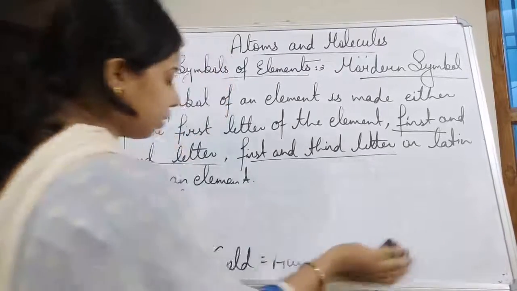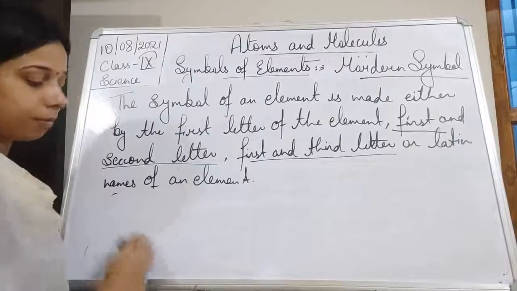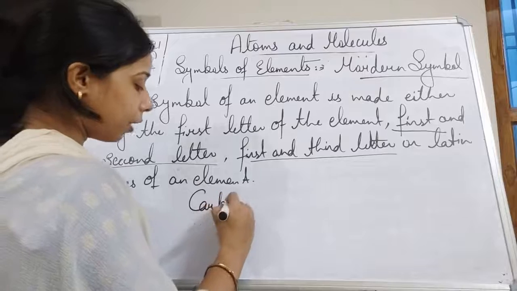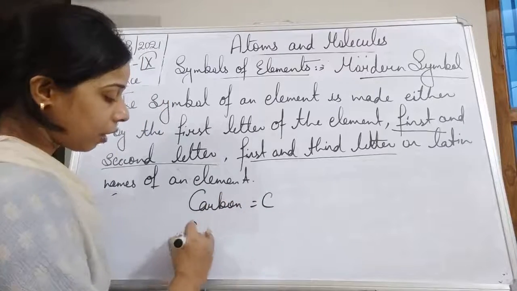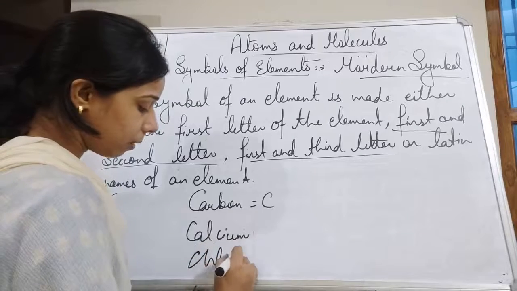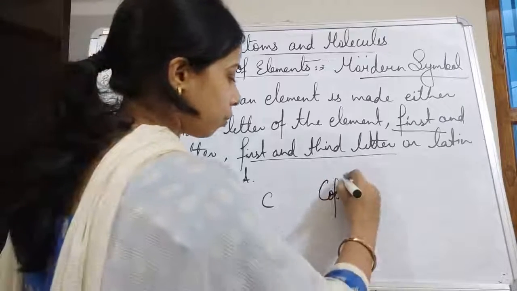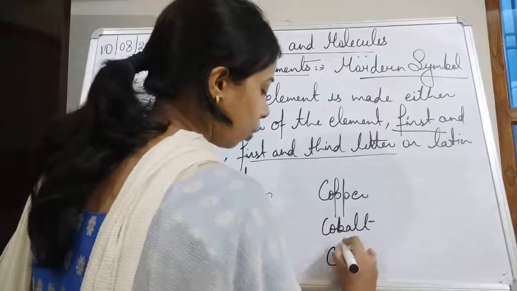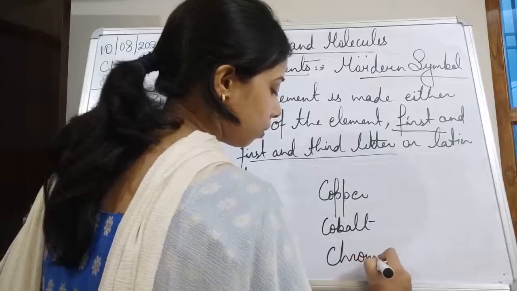You see, students, if we are talking about carbon, the name of carbon starts with C. Now calcium is also there, chlorine is also there, copper is also there, cobalt is also there, chromium is also there.